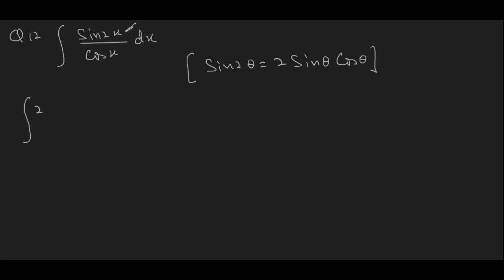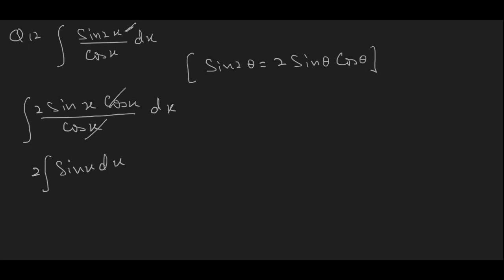Integral 2 sine x cos x over cos x dx. Now this is cancelled, 2 is a constant taken outside, sin x dx, and we have the integral of sin x as minus cos x plus c, so minus 2 cos x plus c.